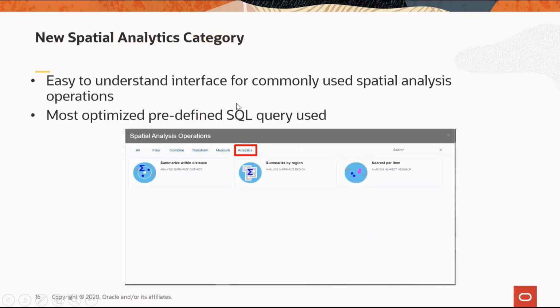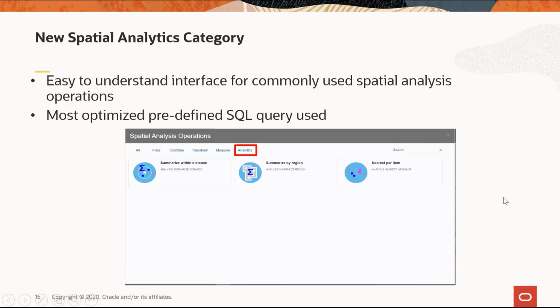There's a new spatial analytics category. In the spatial analysis operations, we have filtering, combining, transforming, measuring, and here you have analytics. What we did here is we tried to improve the user interface for commonly used spatial analysis operations. You can see here you have summarized by region, and so on per item.